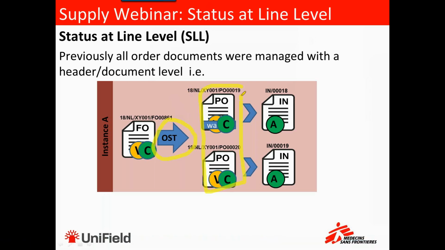So long as it was the PO that was linked to the FO 861, you were not allowed to move on line level. That's why we say everything was managed on the document level and not on the line level.